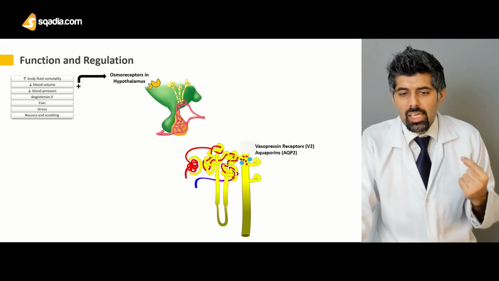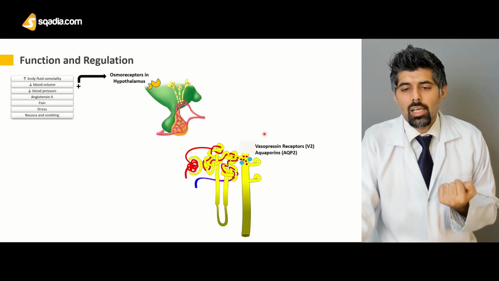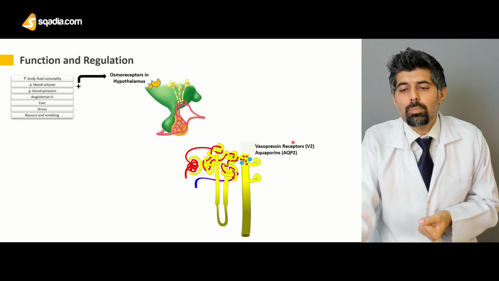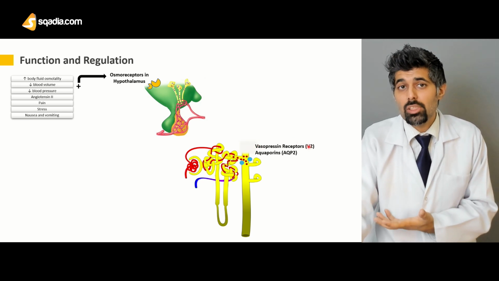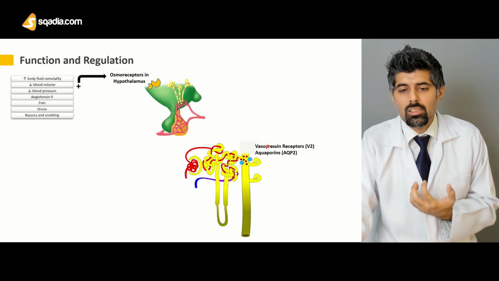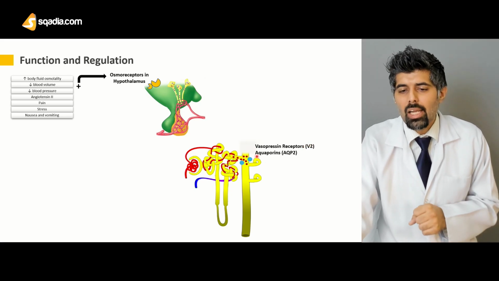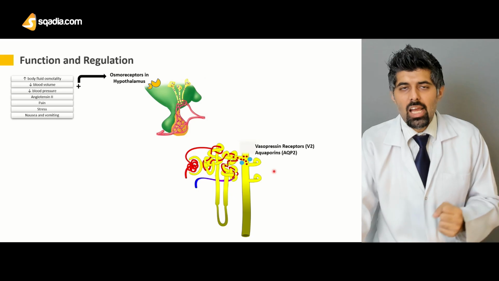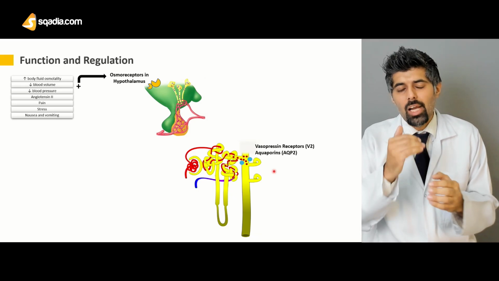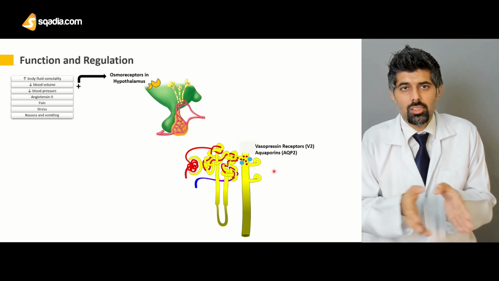So whenever the ADH is released, it binds to the vasopressin receptors, that is the V2 receptors, and because of this, both the distal convoluted tubule and the collecting duct have increased amount of aquaporins expressed on their surface.